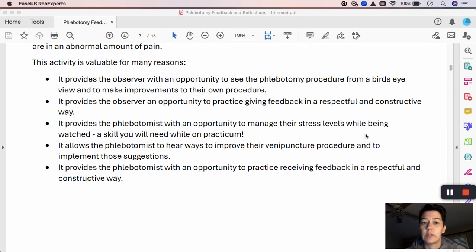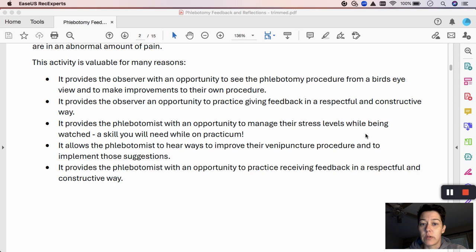I think this activity is valuable because it provides the observer with an opportunity to see the phlebotomy procedure from a different perspective. When you're the phlebotomist collecting a blood sample and you're learning, you're nervous, you kind of don't see the whole picture, you're really just trying to go step by step in your mind. Being the observer takes that pressure off a little bit and allows a different viewpoint of the procedure.